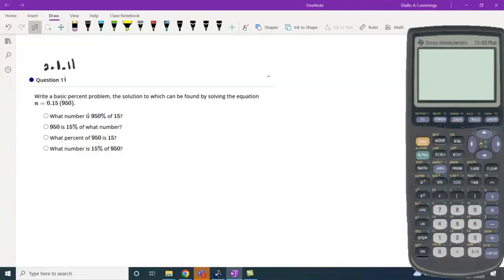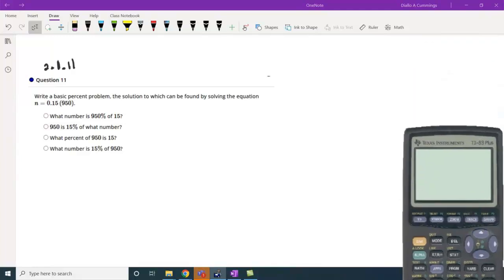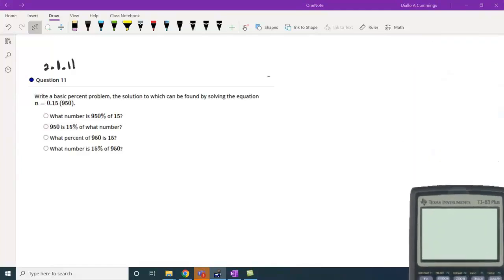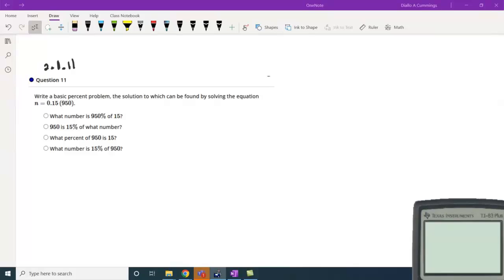Now, before we actually take a look at this problem, there are just a couple of things about a percent. And this is just a fact.